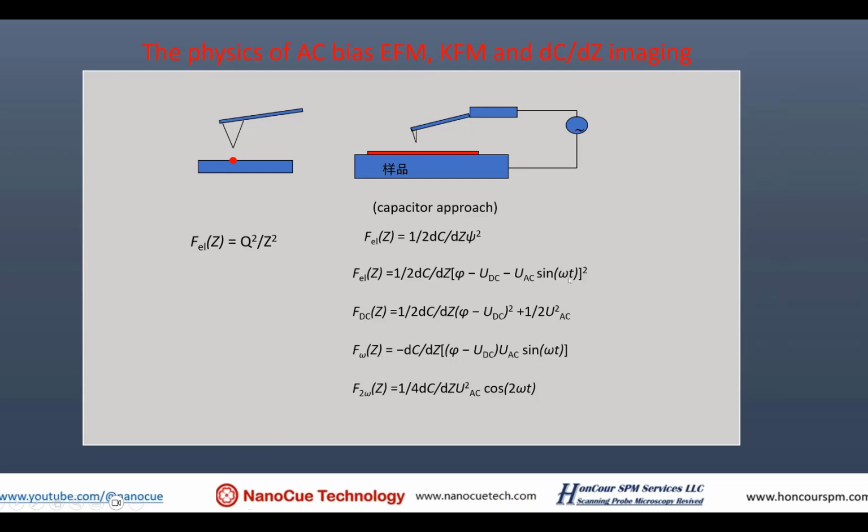Sine omega t is the oscillation. Okay, and you open this up into three formulas. The first formula here, dC/dz times phi minus UDC squared plus whatever it is, is the static force. This is the force that we use with DC bias to detect the EFM.